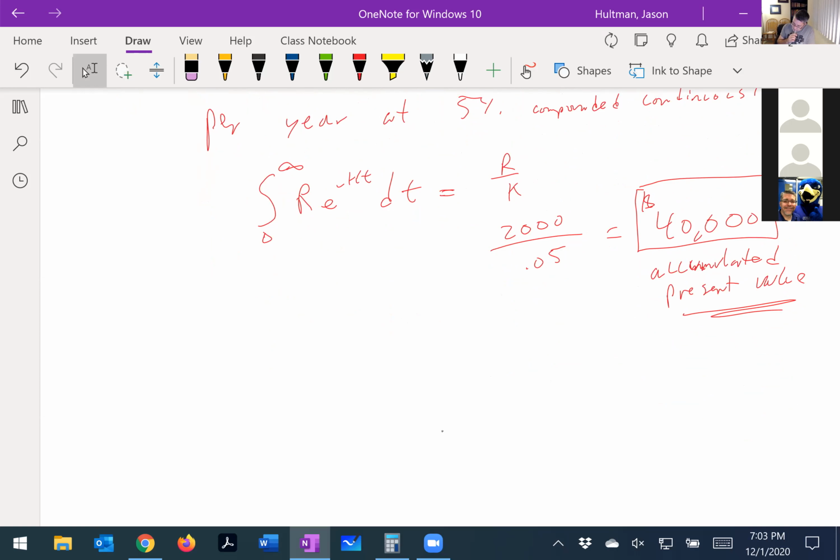Okay, let me think about this for a second. That's fine, because we're just saying that if we keep putting $2,000 into this system every year, and it accumulates.